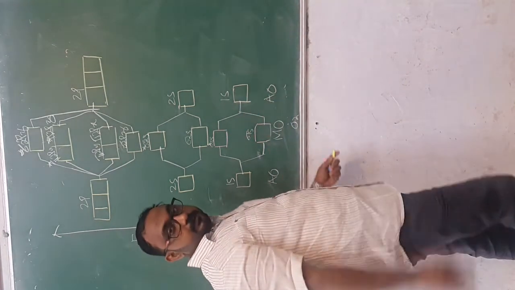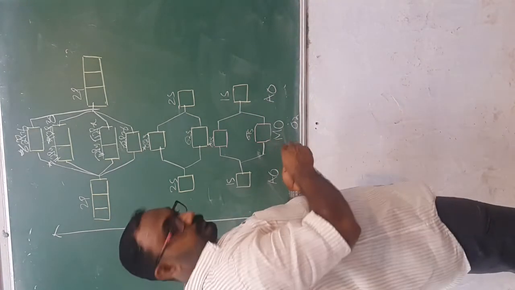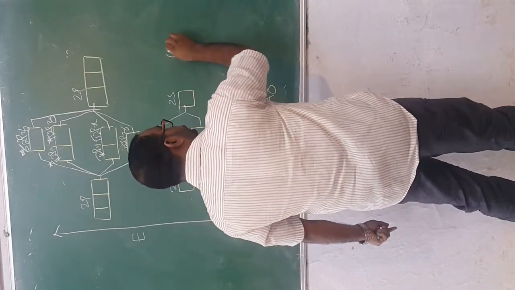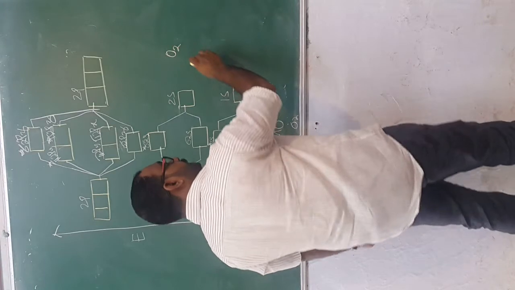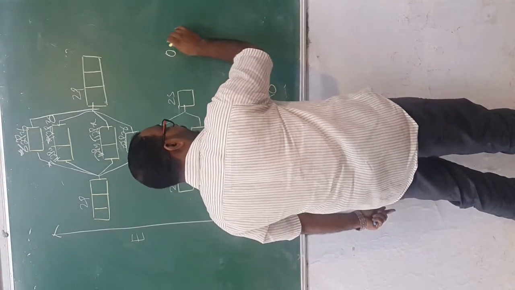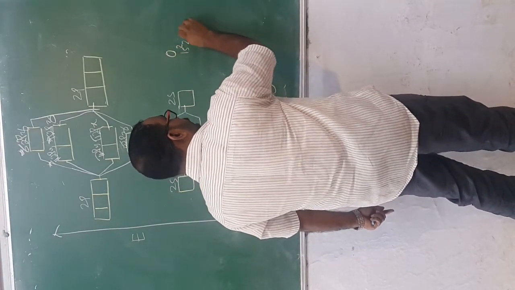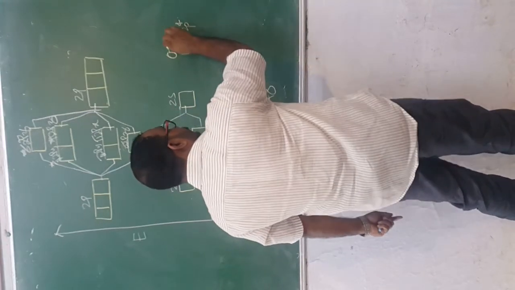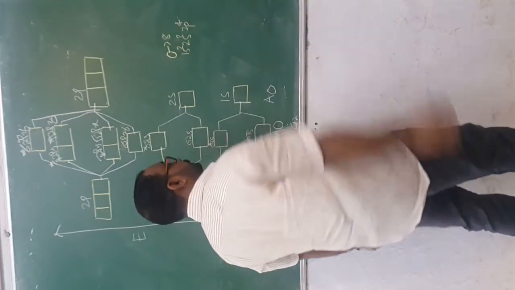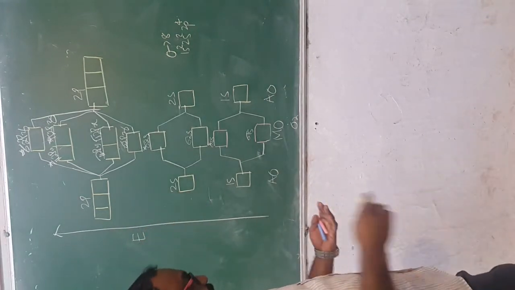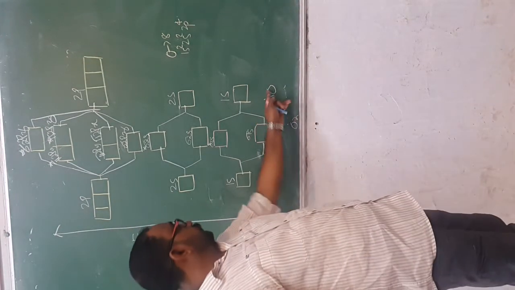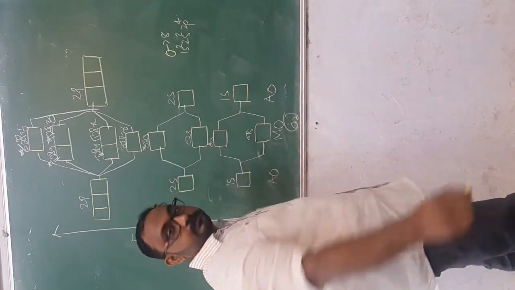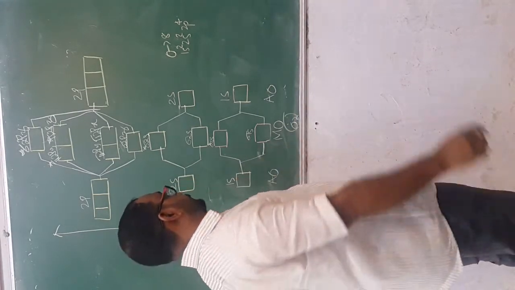So I have tried to draw the molecular orbital diagram for oxygen. You know that the electronic configuration of an oxygen atom is 1s2, 2s2, 2p4, because the atomic number is 8. I have taken not a single atom but O2, which contains 2 oxygen atoms.